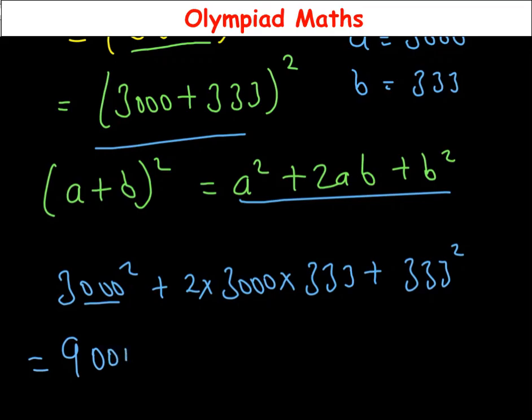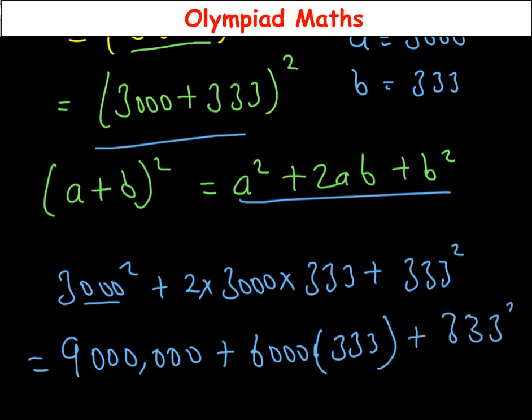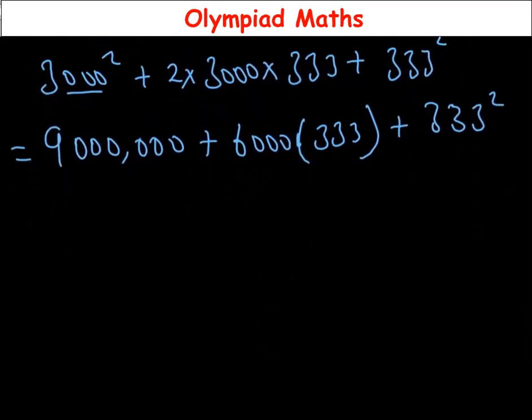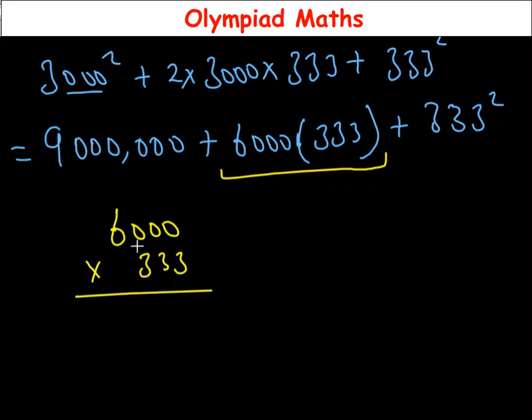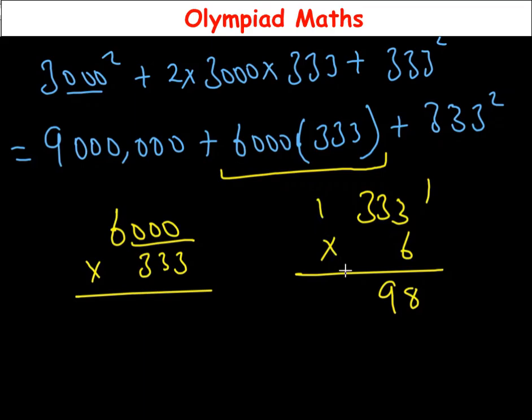From here, 3000 squared first: 3 squared is 9, then the square of 3 zeros is 6 zeros, so 9 million. Plus 2 times 3000 is 6000, then multiplied by 333. First, instead of multiplying 6000 times 333, just do 333 times 6, and then conjoin it with the 3 zeros. 6 times 3 is 18, write 8, carry 1. 6 times 3 is 18, plus 1 is 19, write 9, carry 1. 6 times 3 is 18, plus 1 is 19.